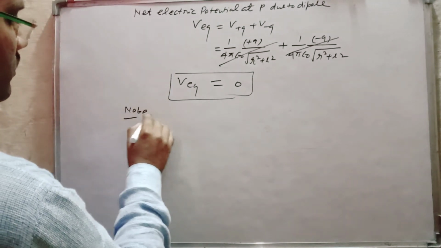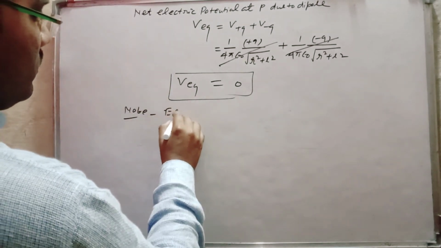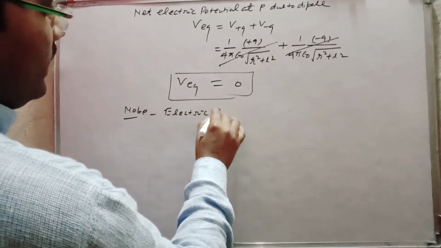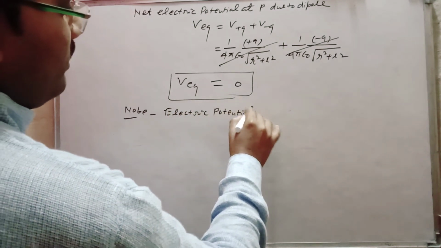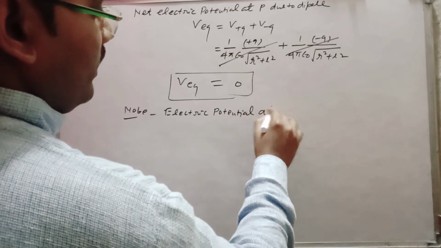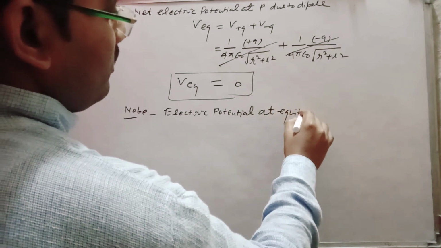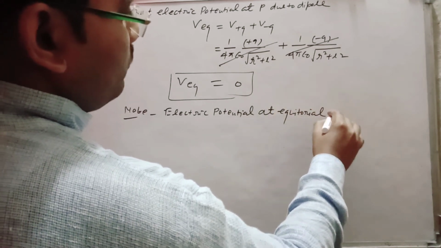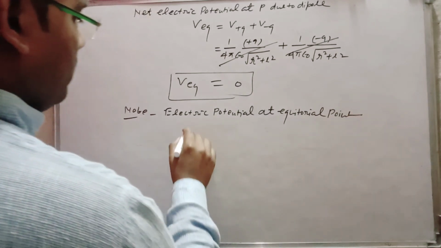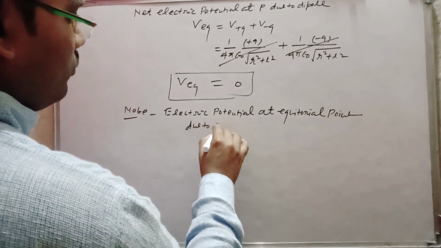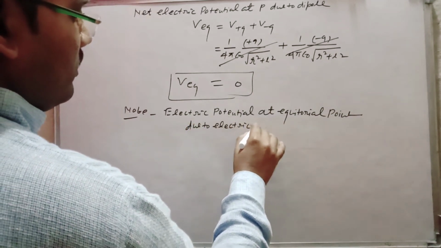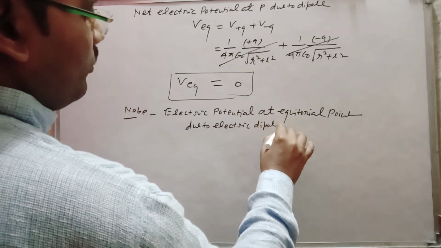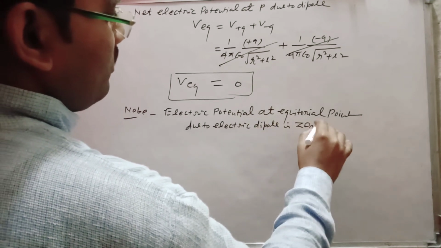Note: electric potential at an equatorial point due to an electric dipole is 0.